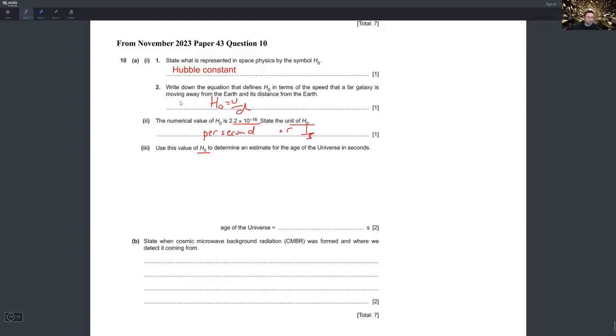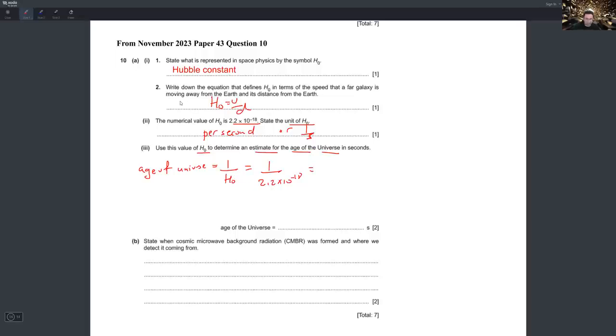Use this value of H0 to determine an estimate for the age of the universe. What do we say? Look at how I'll write it. The age of the universe equals 1 over H0, which is equal to 1 over 2.2 times 10 power negative 18. I think we wrote down the value before, but I erased it.